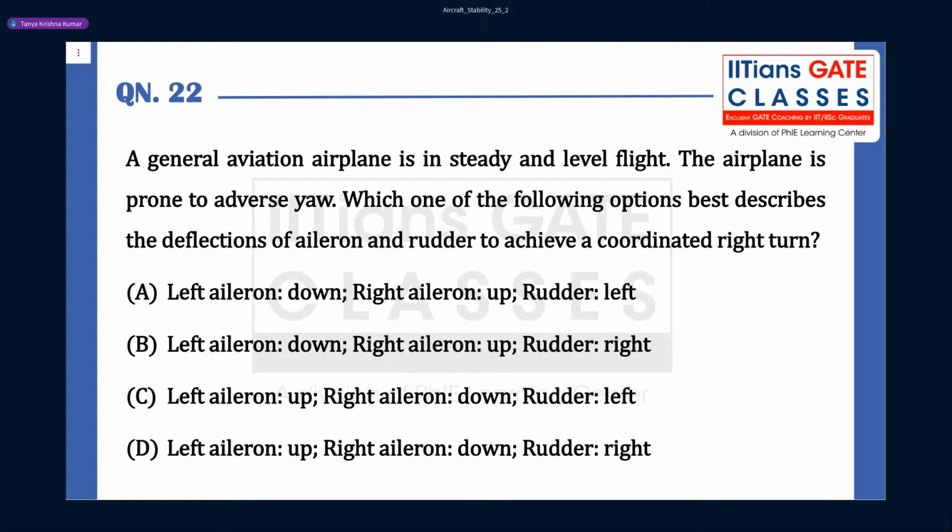The first question that we saw was this. It says, a general aviation airplane is in steady and level flight. The airplane is prone to adverse yaw. Which of the following options best describes the deflections of aileron and rudder to achieve a coordinated right turn? So for a coordinated right turn, let's just draw this.